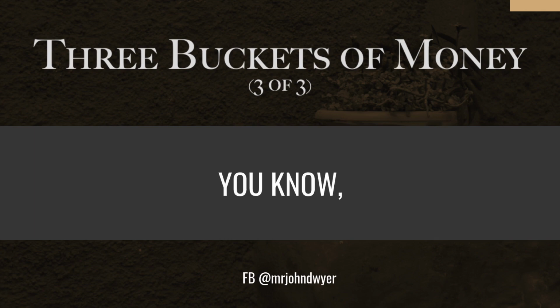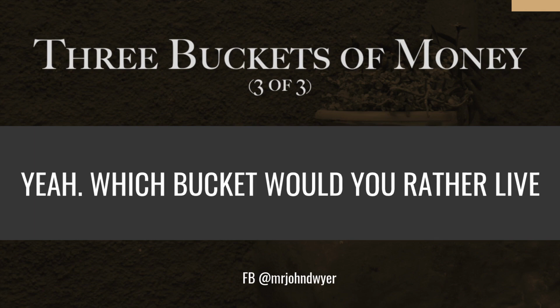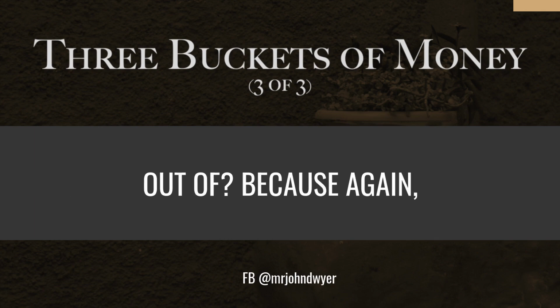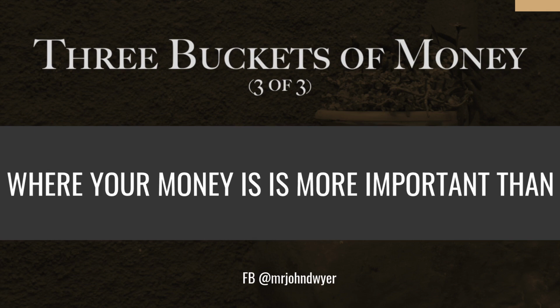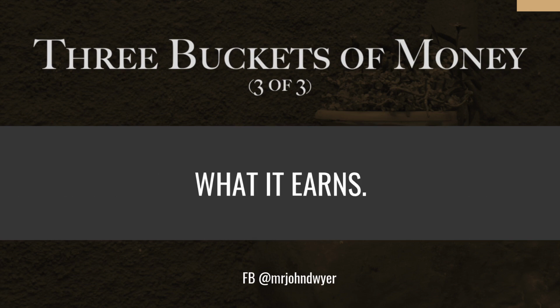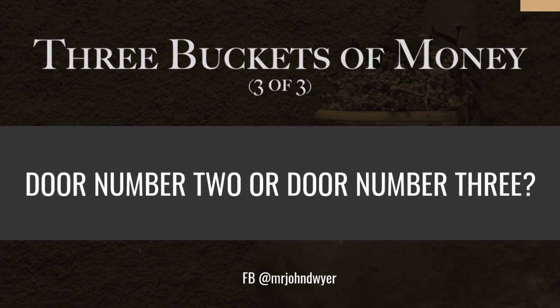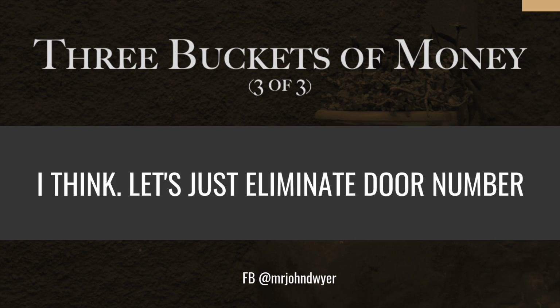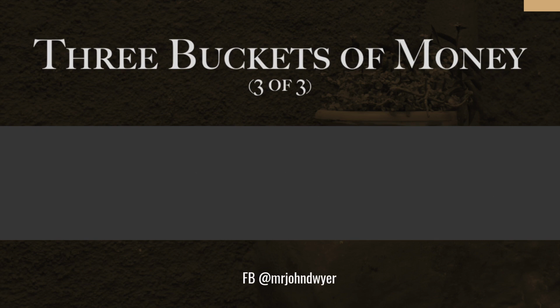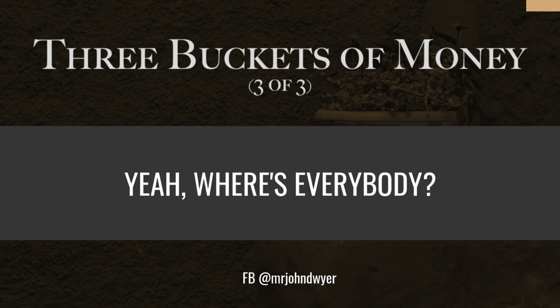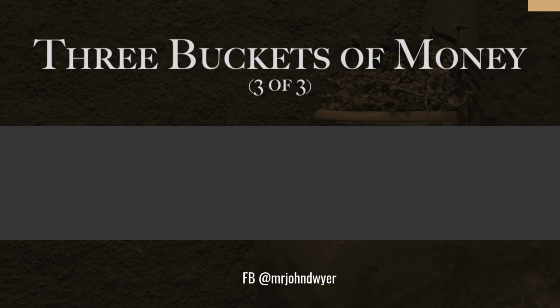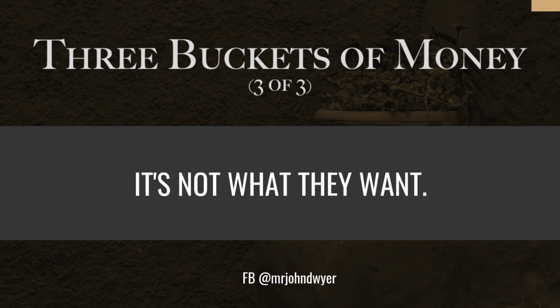So, just kind of wrapping it up, which bucket would you rather live out of? Because, again, where your money is more important than what it earns. Is it behind door number 1, door number 2, or door number 3? I think let's just eliminate door number 1 altogether. Everyone wants door number 1. Right? But where's everybody positioning their money? Most people have it in door number one. But it's not what they want.